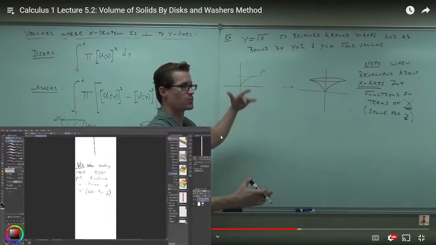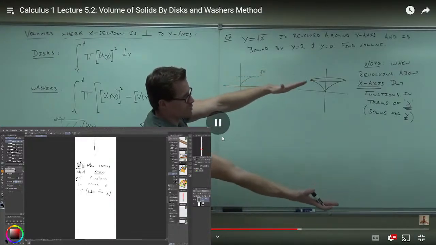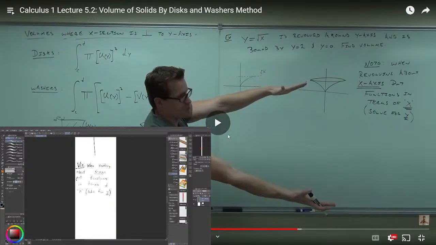Your bounds are in terms of y. Your planes are perpendicular to the y.